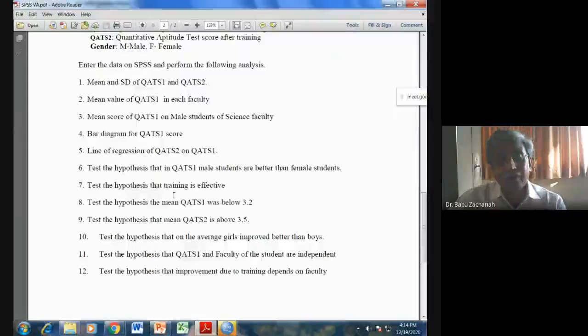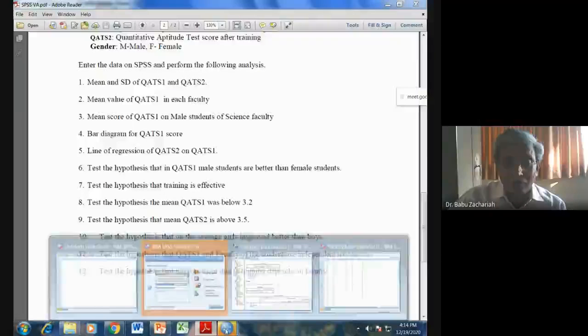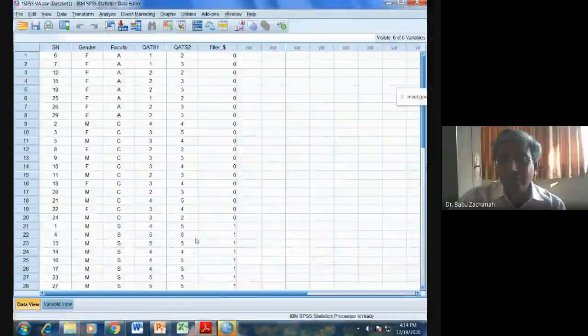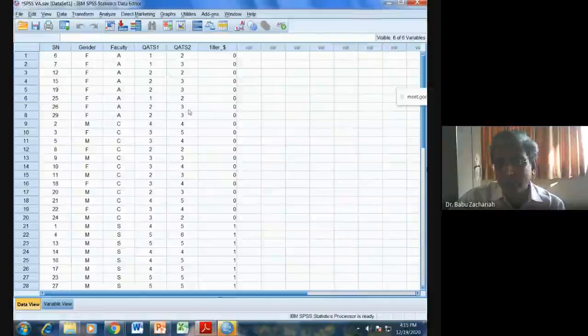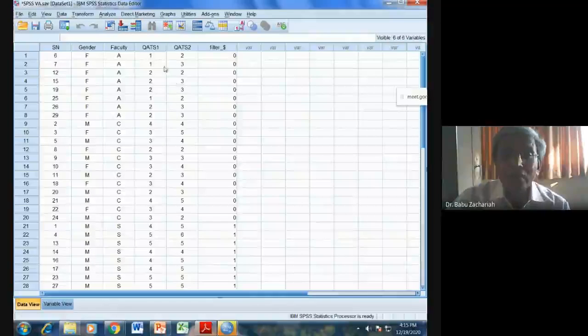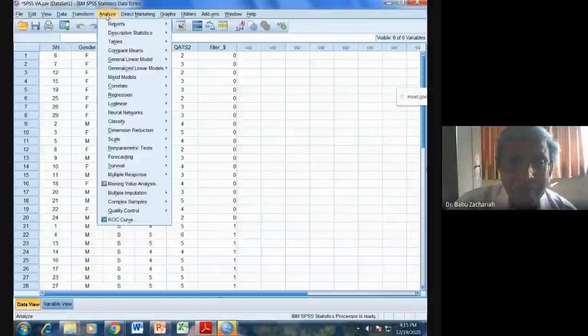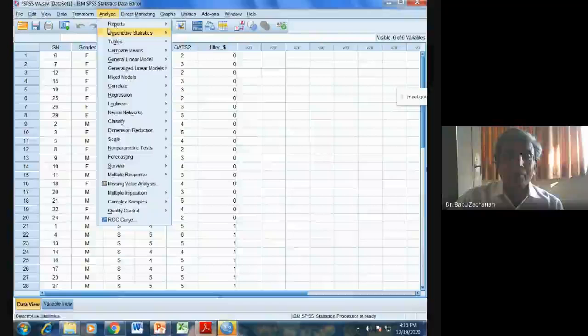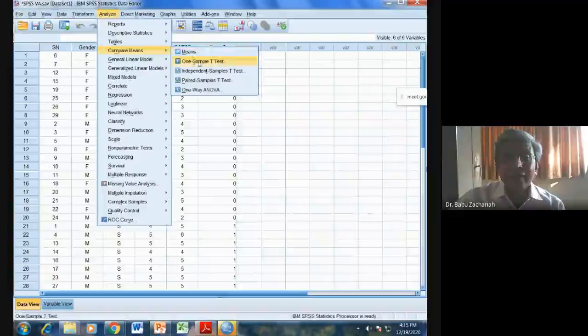Does the hypothesis that training is effective hold? To test whether training is effective, we have quartz 1 and quartz 2, before training and after training, paired samples. So we need to use the paired samples t-test. We have to come to compare means and choose paired samples t-test.